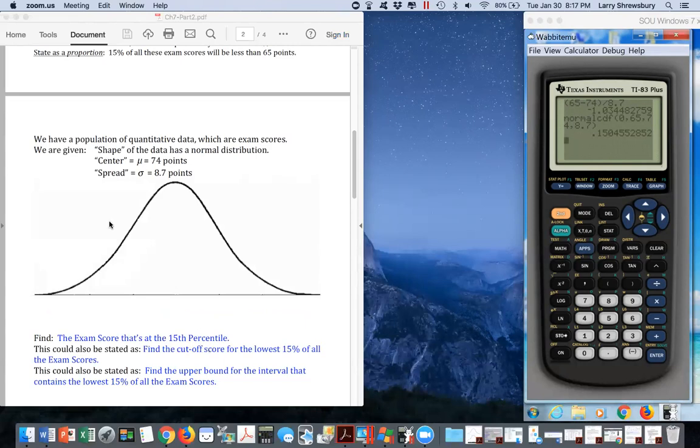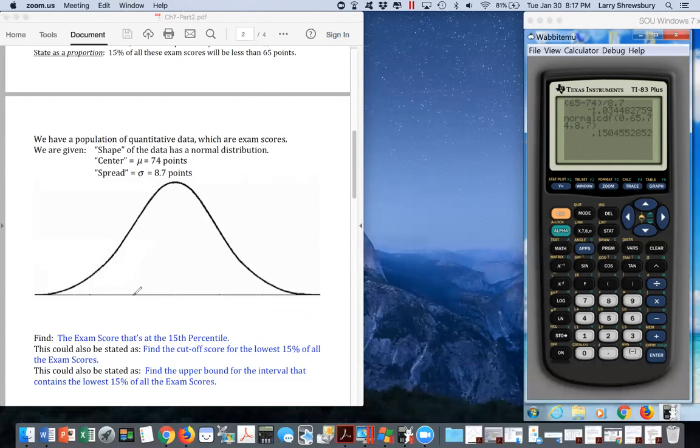So here's how you do with these problems. Start in the center. What percentile are you at there? 50th, all right? Well, I want to shrink from 50 down to 15. Which way do I have to go? To the right or to the left? To the left. So imagine a line here, and I'm moving it to the left. I'm not sure where exactly, but I'm just eyeballing it.